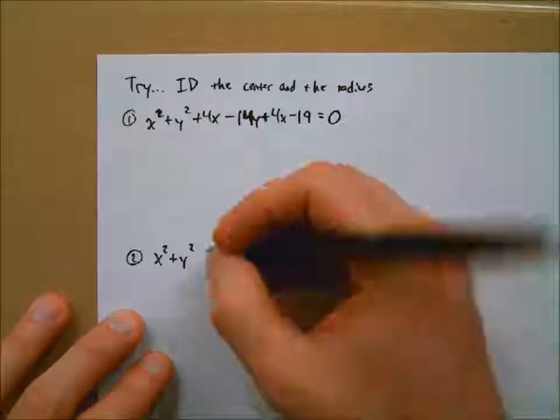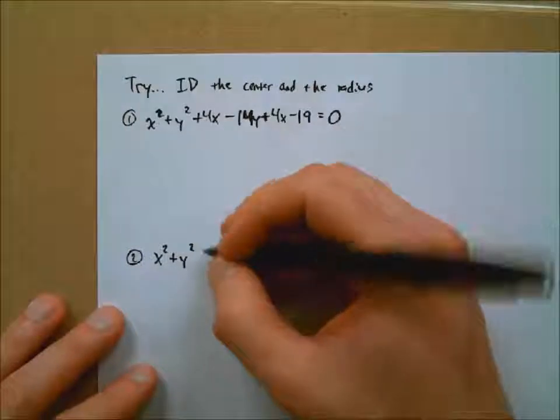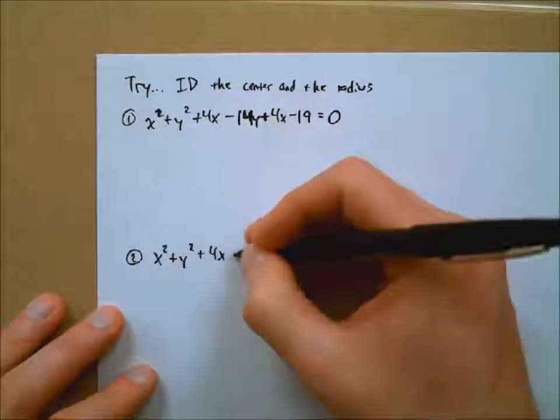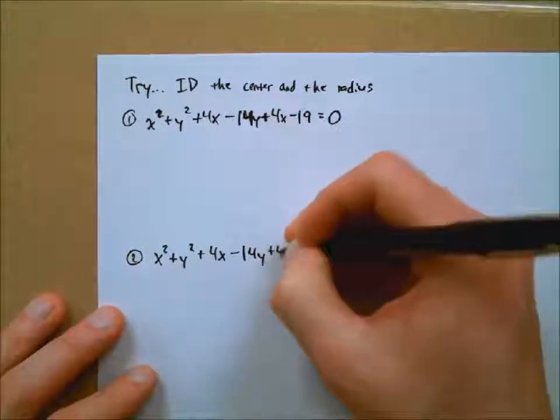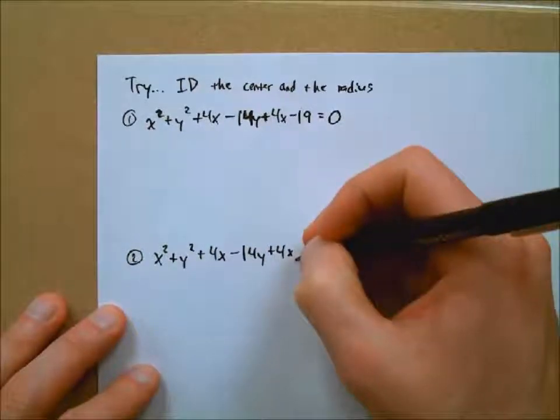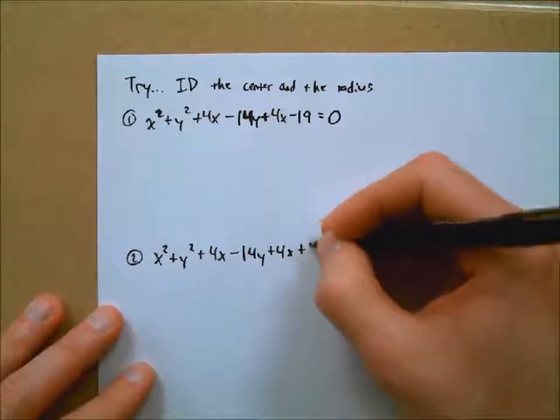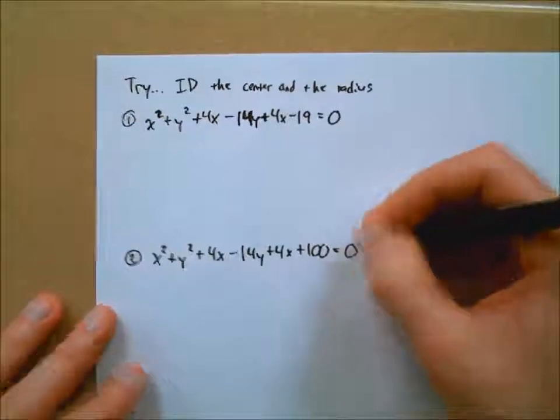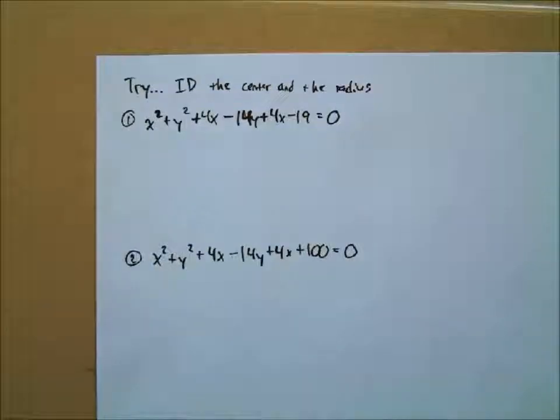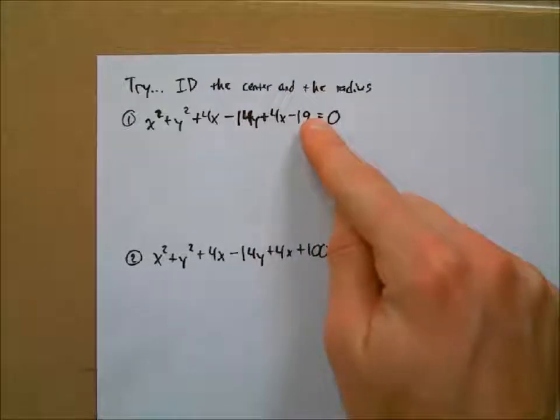All right, and then I have another one here. It's going to be kind of similar to it, so maybe it's not going to be as interesting, but I'll let you guys figure that out for yourself. Okay. 1 and 2 are almost identical, except one has minus 19 and one has plus 100 there.